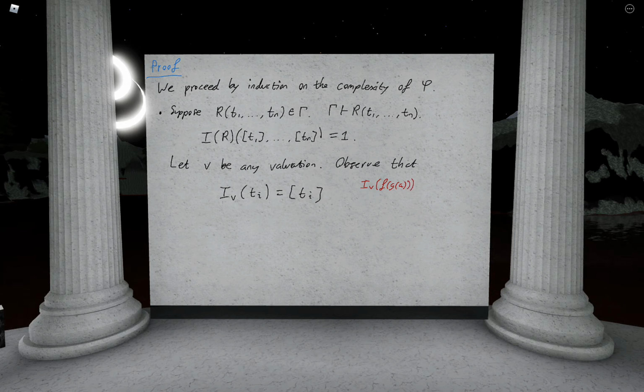And so if I interpret that term to get some object with this valuation, this is equal to, well, the semantics say I have to interpret the function symbol f and apply that resulting function to the interpretation with valuation v of the argument. So I've moved one step in, and now I just need to apply the semantics again to interpret this.